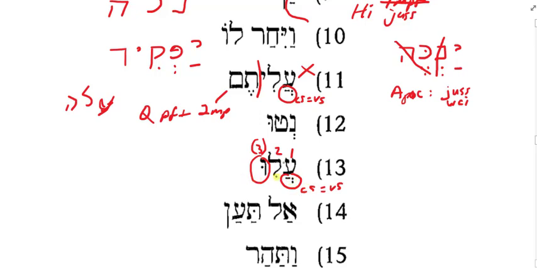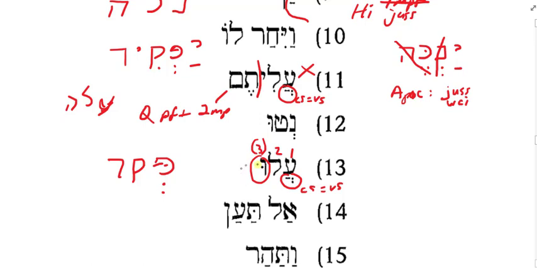It's there because this is a verb form that wants a vocal Shiva under root 1. So think about your strong verb, pakad. Where do I see a vocal Shiva under root 1 under normal circumstances? The infinitive construct could take one. What else? The imperative. The imperative and the infinitive construct.